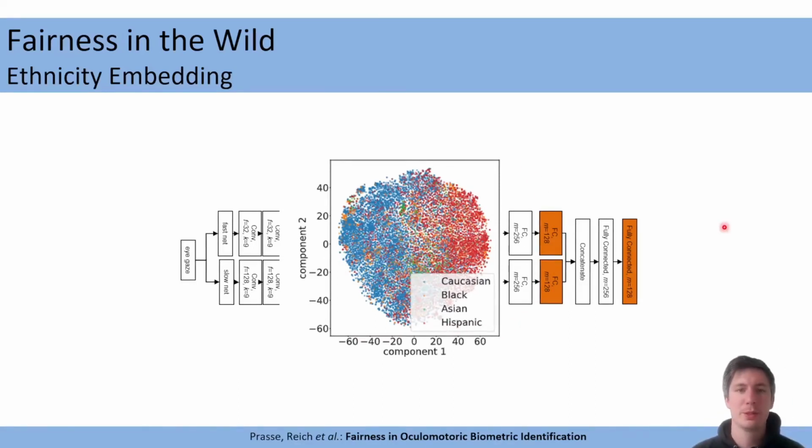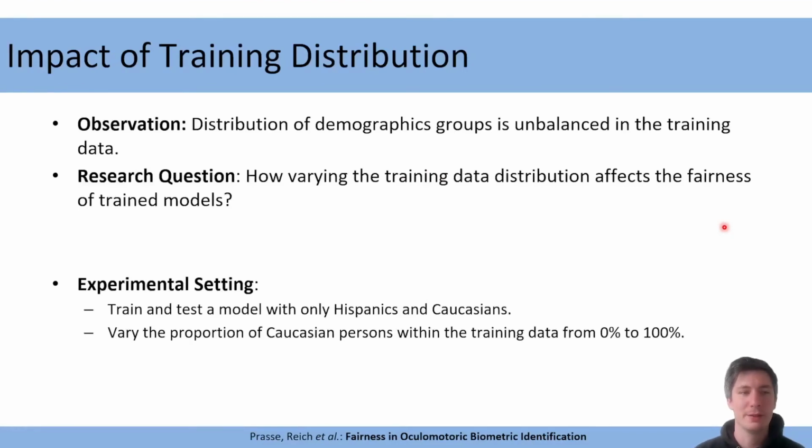A commonly used approach to mitigate unfairness within biometric models is to balance the training data. We will now have a look how balancing the training data distribution affects the fairness of our models. We will train a model using only Hispanic and Caucasian persons and vary the amount of training data with respect to one ethnicity.